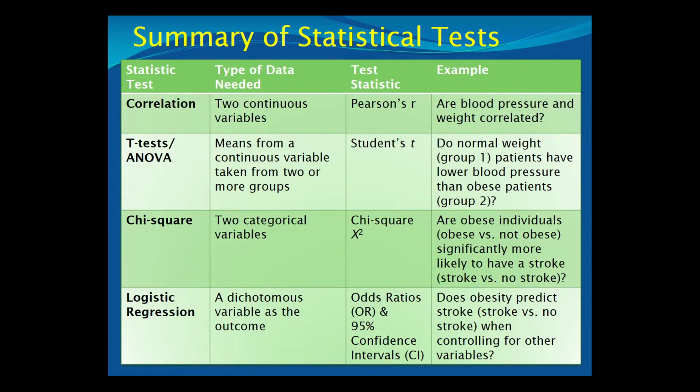And you should use logistic regression for dichotomous variable as the outcome and answer the next question: does obesity predict stroke? Then controlling for other variables. So according to the different practical tasks, you should use different statistical methods, different statistical tests.